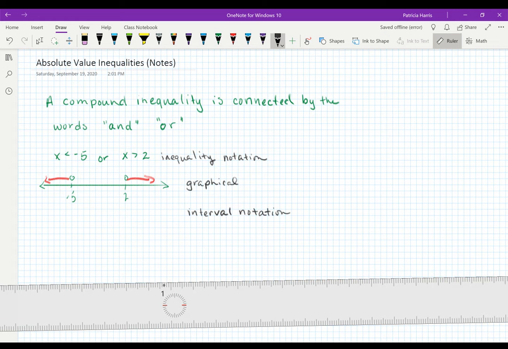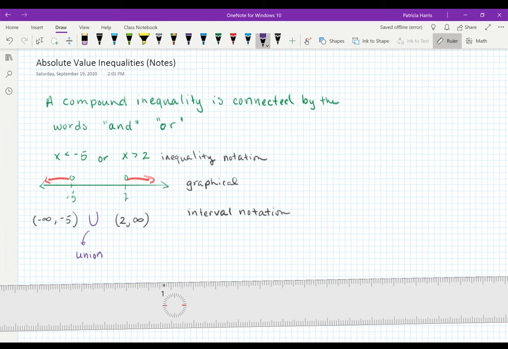We have to remember that negative infinity is on our left. Go to -5, and then 2 to positive infinity on our right. Now, there is a weird little symbol that goes in the middle. Looks like this. That is the union symbol, so look for that when you're doing notes.